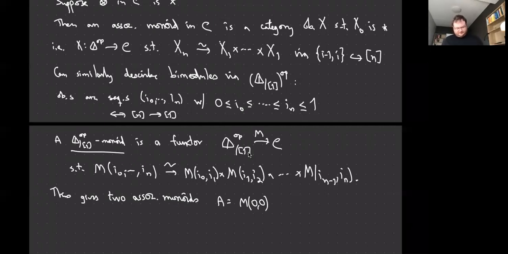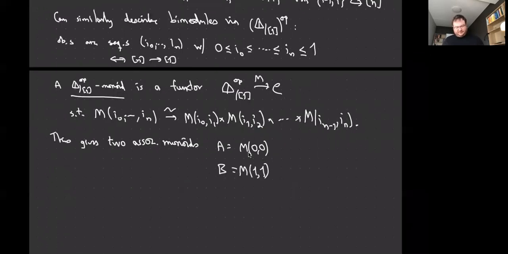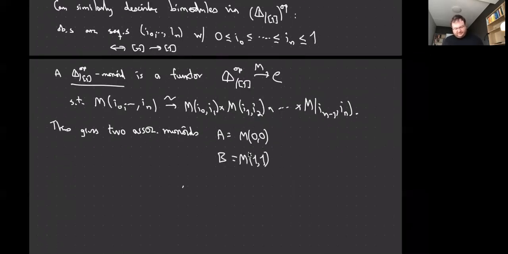Then I get another one by just looking at those sequences that consist entirely of ones. And finally, I get an A-B bimodule structure on M01.